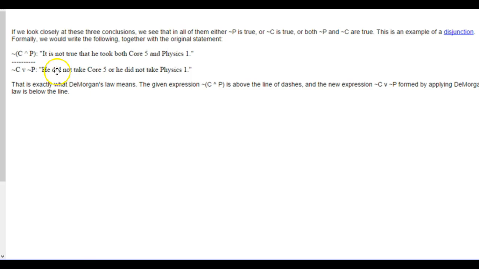A better English sentence would be, he did not take Core 5, or he did not take Physics 1. That's clearer and easier to understand. But you have to make sure you are still saying the same thing and prove that. And De Morgan's law allows you to do that. It takes something that was awkward and makes it a little bit easier to understand.